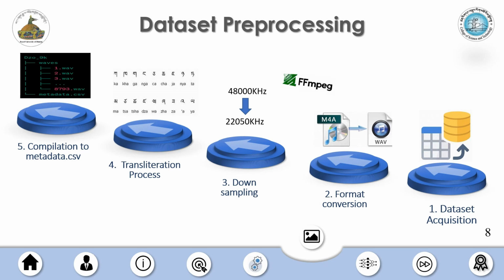This downsampling was necessary to optimize the audio for our TTS model. And the 4th, transliteration process. We transliterated the complex Dzongkha text into English letters, and then the compilation to metadata.csv. The audio was stored in the WAV folder, and their corresponding texts were recorded in the metadata.csv file.